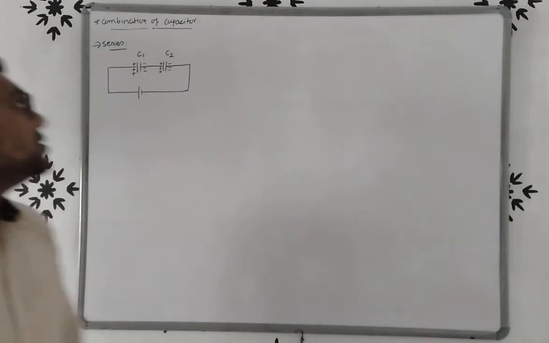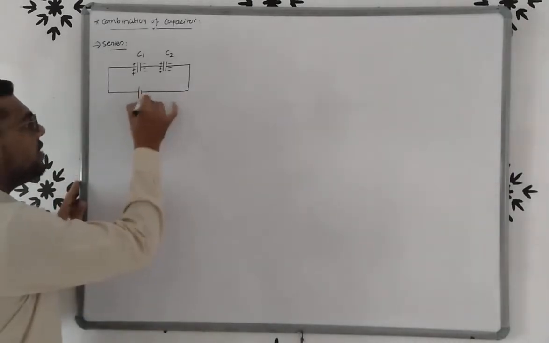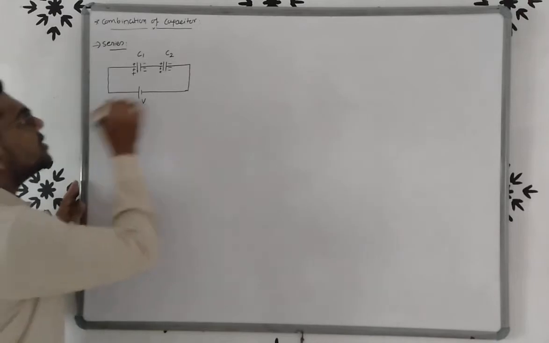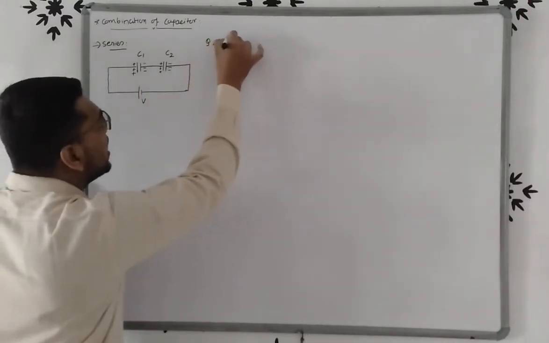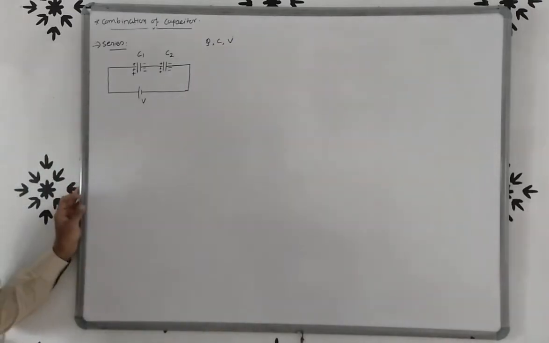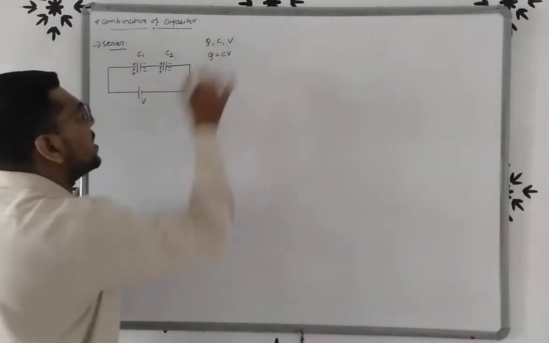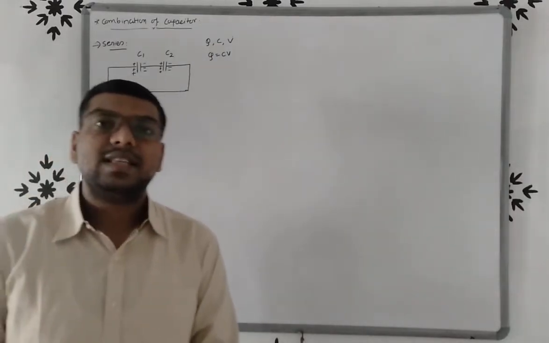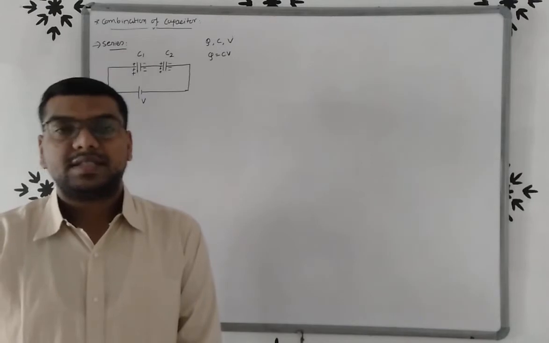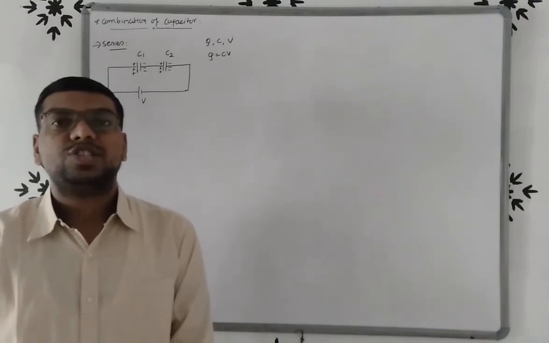Now we already know the battery has potential V. Here there are three quantities: Q, C and V, and we know the equation Q is equal to CV. We already know that in series connection the potential is distributed.